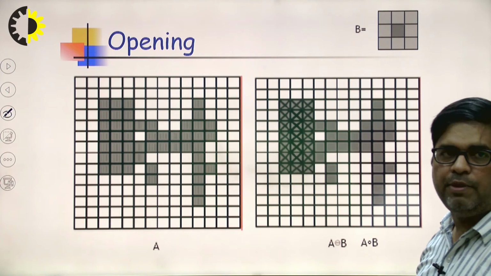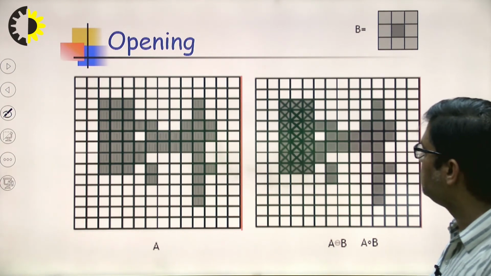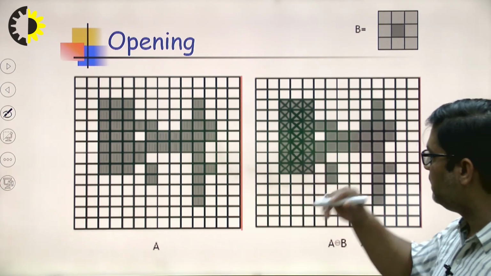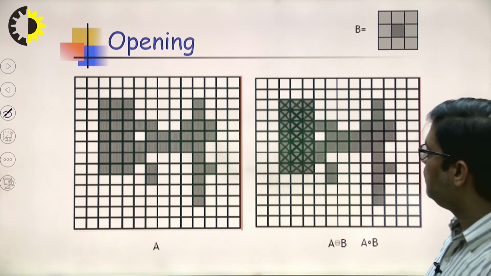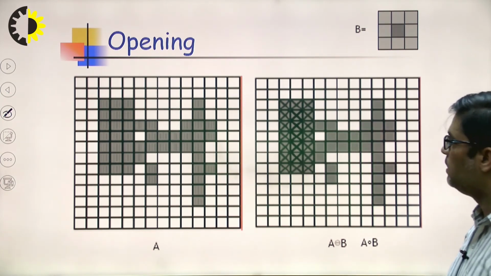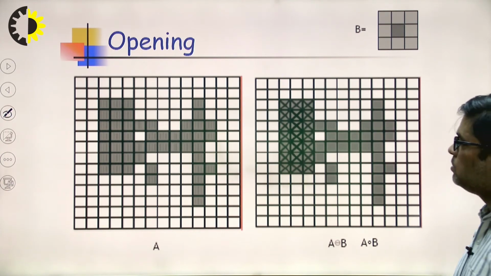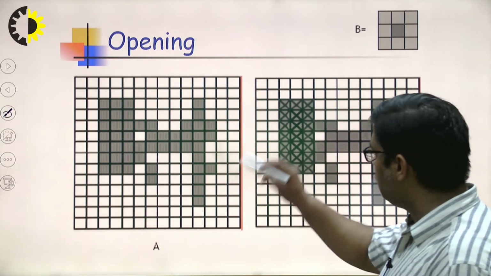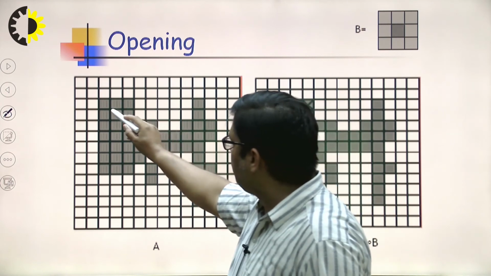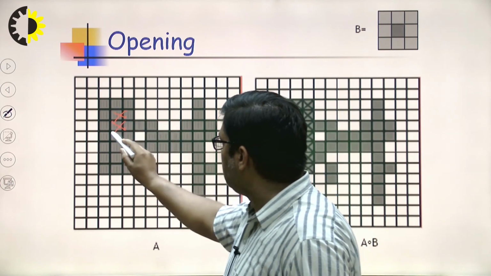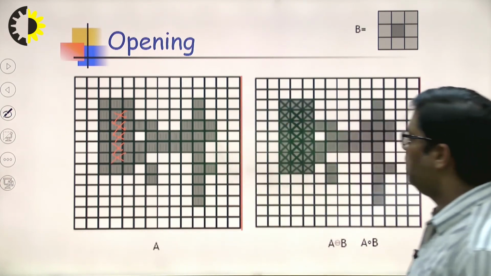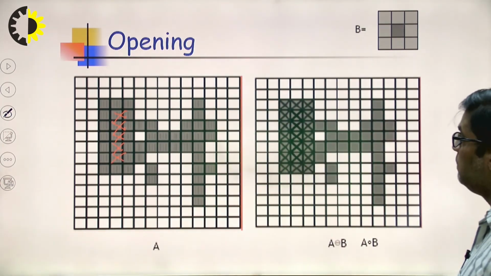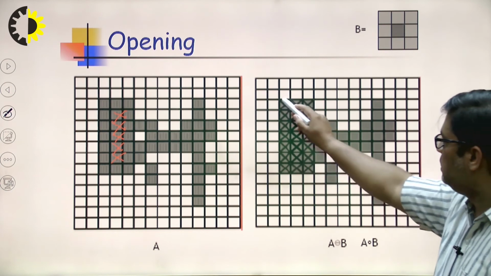So the opening operation we can discuss here. It is the image as we have done earlier also. In the opening operation, first we apply the erosion, then we apply the dilation. Whenever I apply the erosion over this image, we have already seen that these parts will be highlighted in this way, and whenever I apply the dilation with the same structuring element, these parts will be highlighted.